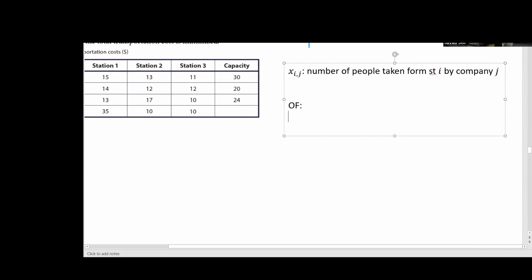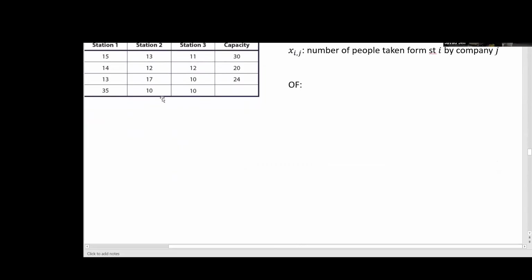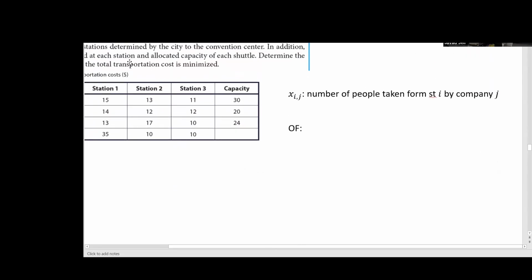Objective function, is it minimize or maximize? Because these are costs, we need to minimize. Also, it says transportation costs, minimize. Minimize cost. What is the cost?